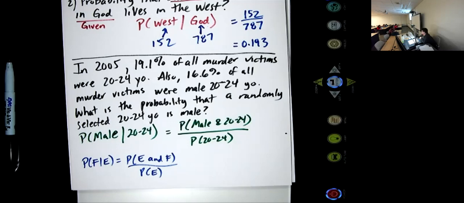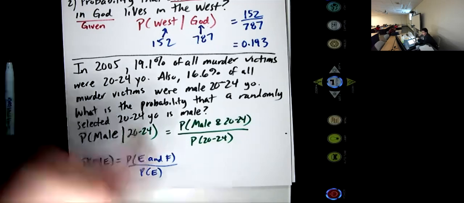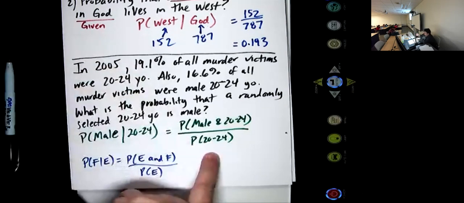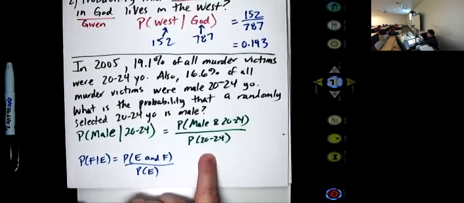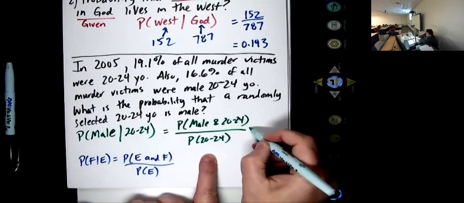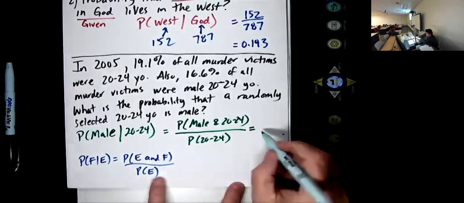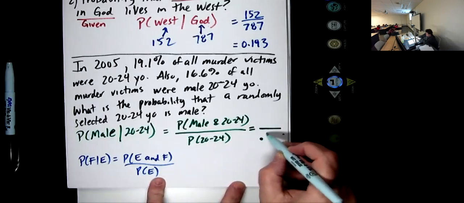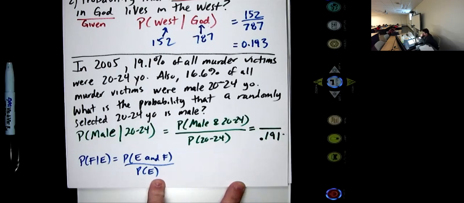Do we have that information? We do, they gave it to us. They said 19.1% of all murder victims were 20 to 24 years old. That's the bottom. And as a decimal, 19.1% is 0.191.